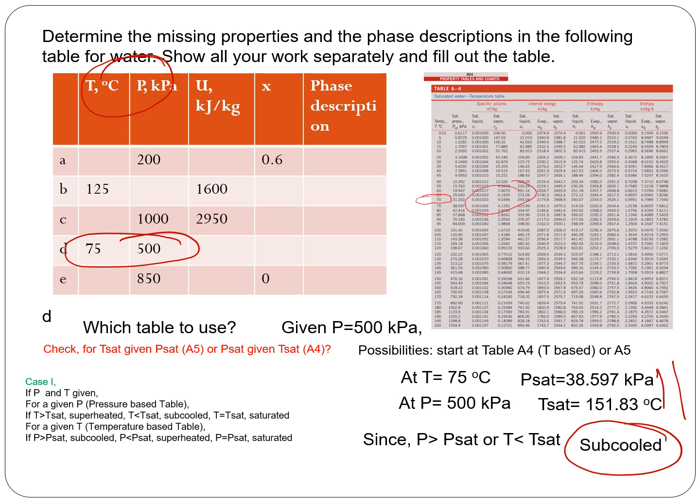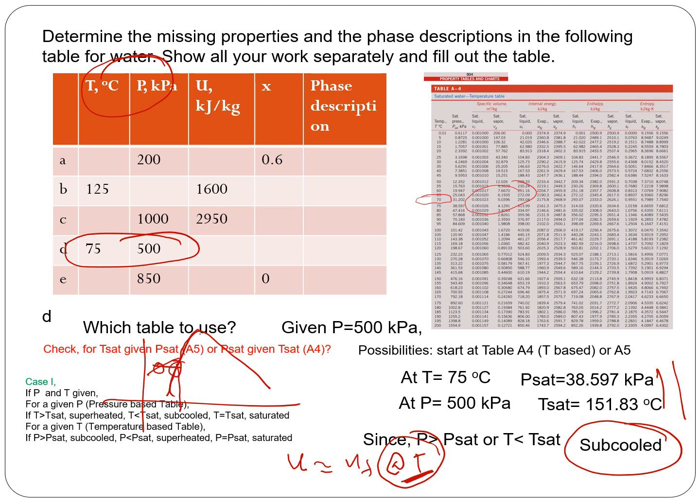The one way is very simple: U in the subcooled region is Uf at that temperature. So in the subcooled region, the properties are a function of temperature. At any point, if you want to find the property, it is the property value of the saturated liquid at that particular temperature.